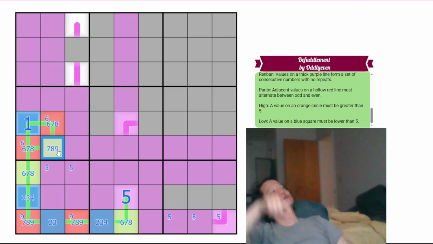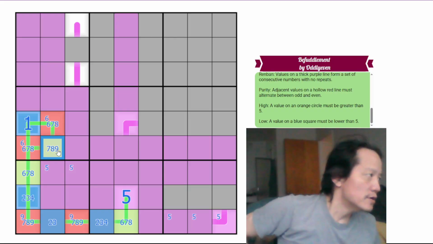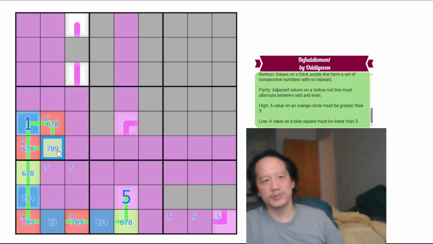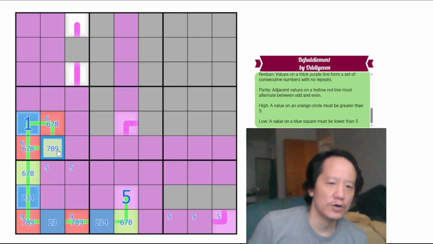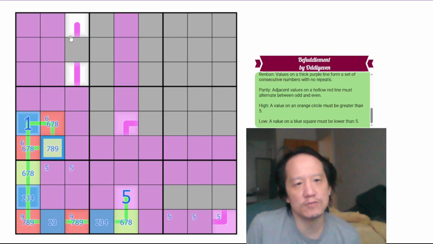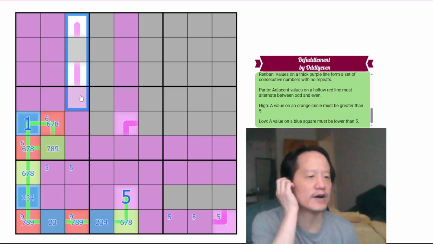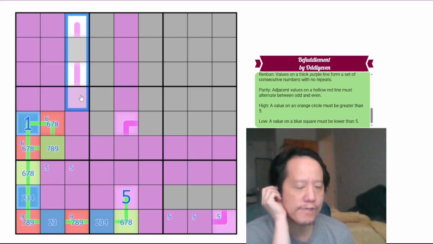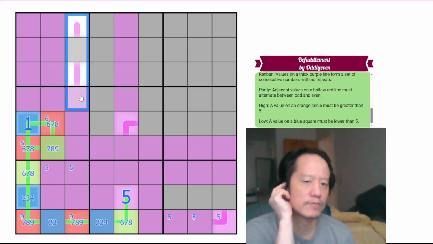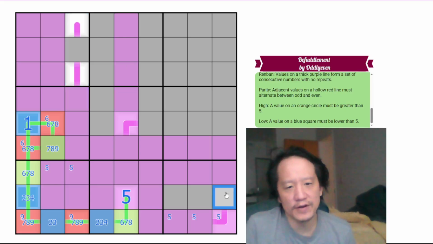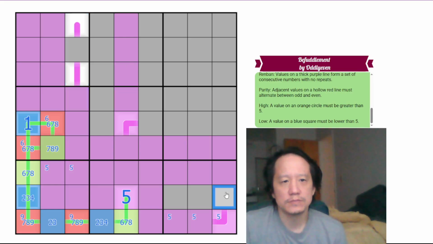Because you can't form a consecutive value of 11 in this puzzle. So these must be the digits 1 through 9, and then you have a 5 doubled. Interesting. Well, this can't be 5 doubled, because the 5 is not here.